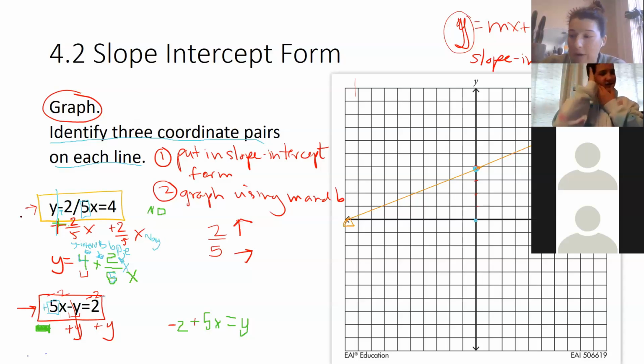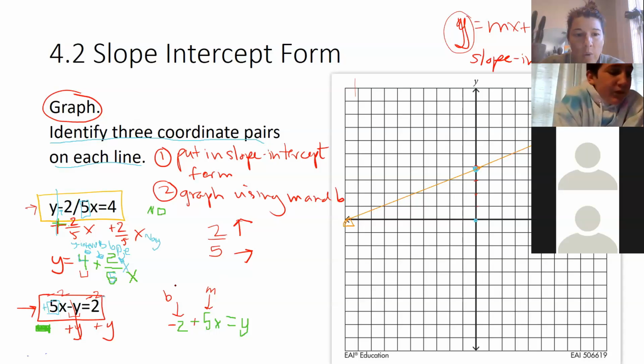So let's go ahead and finish graphing then. So we have our equation in slope-intercept form. So that -2 is our b, and that 5 is our m, or our slope. All right, so we're using red on this one, so please use red on the graph. So b is our y-intercept.